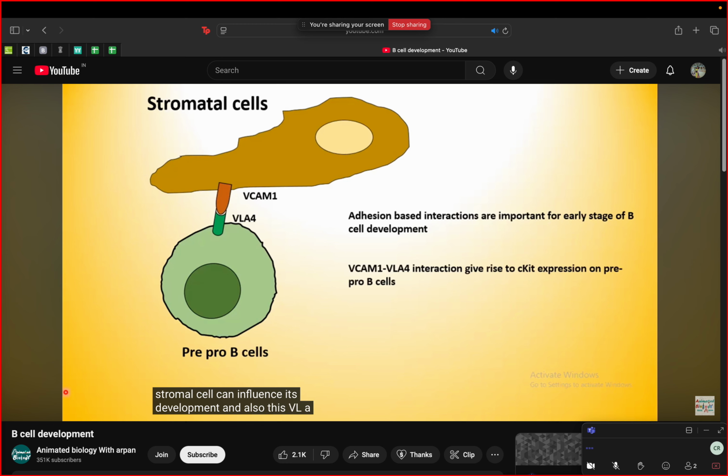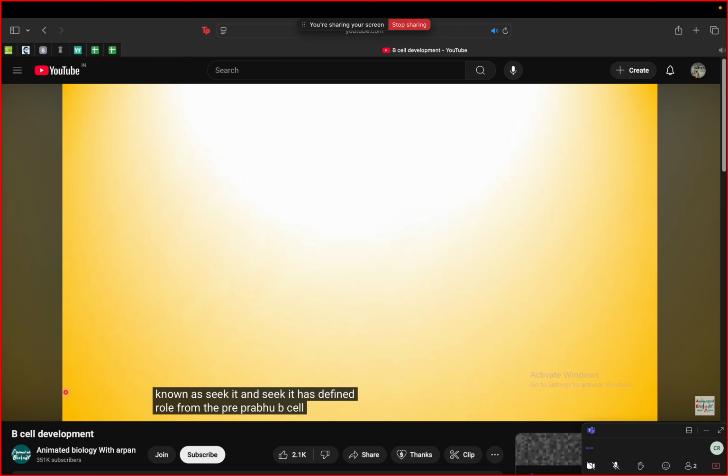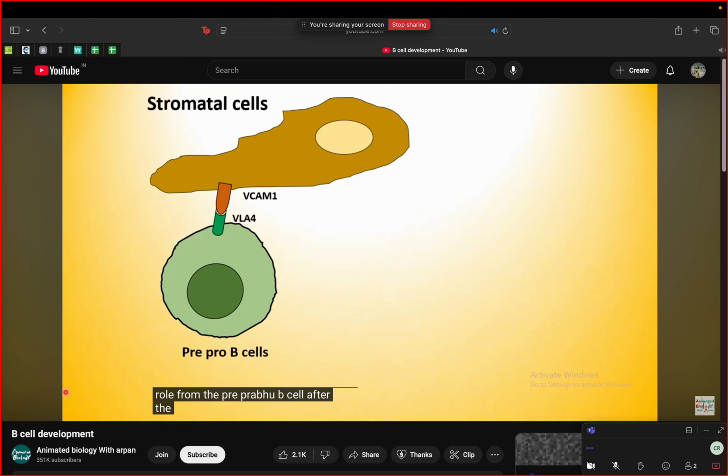And also, this VLA4 and VCAM1 interaction gives rise to expression of another molecule known as c-KIT, and c-KIT has a defined role. From the pre-pro B cell, after the interaction of VCAM1 and VLA4, it starts expressing c-KIT.